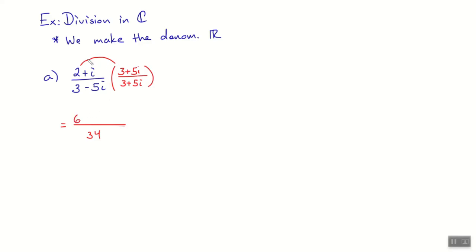And here's my little bit of work I'm going to save. I'm going to put this in my back pocket. What's 2 times 5i? 10i. I'm going to put that in my pocket for now. i times 3? 3i. So we had 10i plus 3i? 13i. 13i in the end. And then I'm going to actually write this one. i times 5i plus 5i squared.